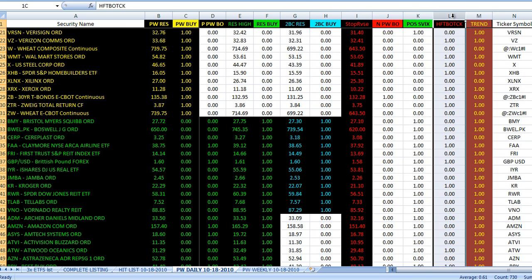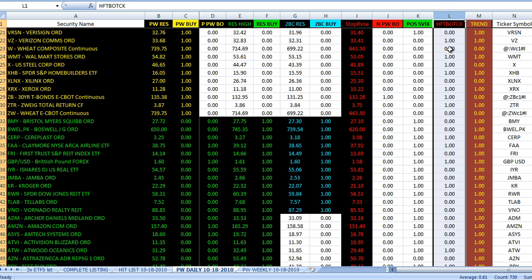Likewise, your bot checks column will pick up all negative momentum in a security, not just the negative bot checks, but all selling of all kind. I don't care what it is, it's going to pick it up. And also, if a key support area has been penetrated, it's going to tell you that too.